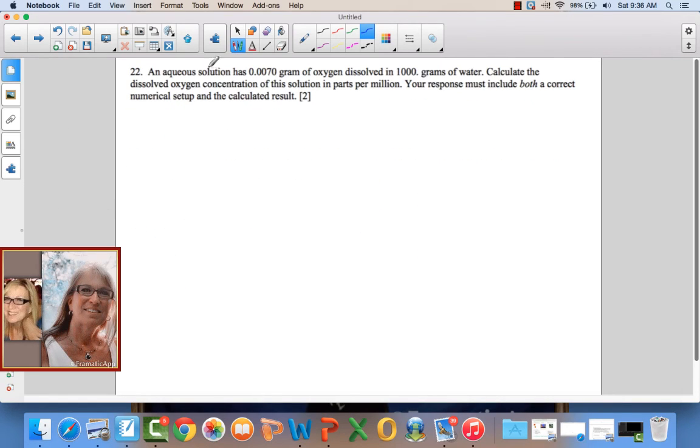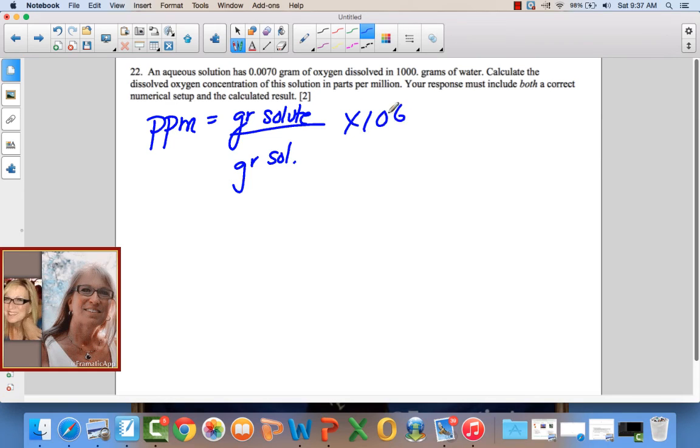Next question. An aqueous solution has 0.007 grams of oxygen dissolved in 1,000 grams of water. Calculate the dissolved oxygen concentration in parts per million. So they want a correct numerical setup and a calculated result. So ppm equals grams of solute over grams of solution times 10 to the 6th. So my solute is 0.0070 grams.